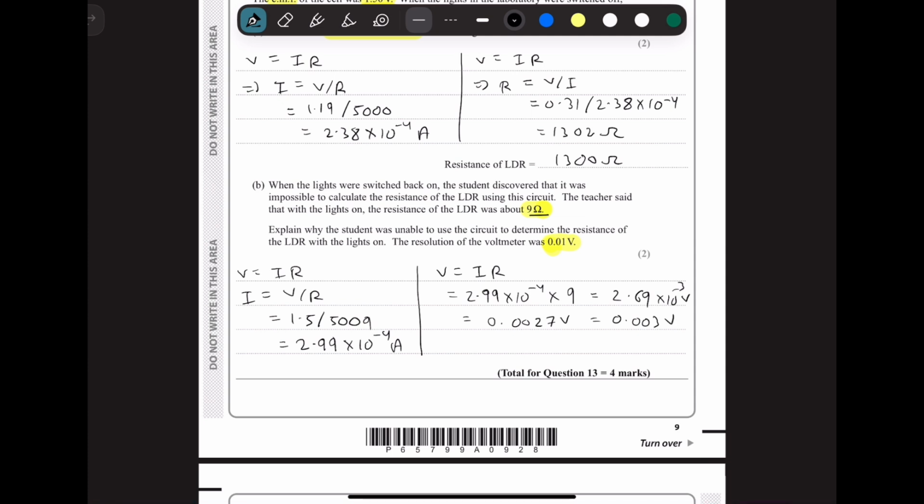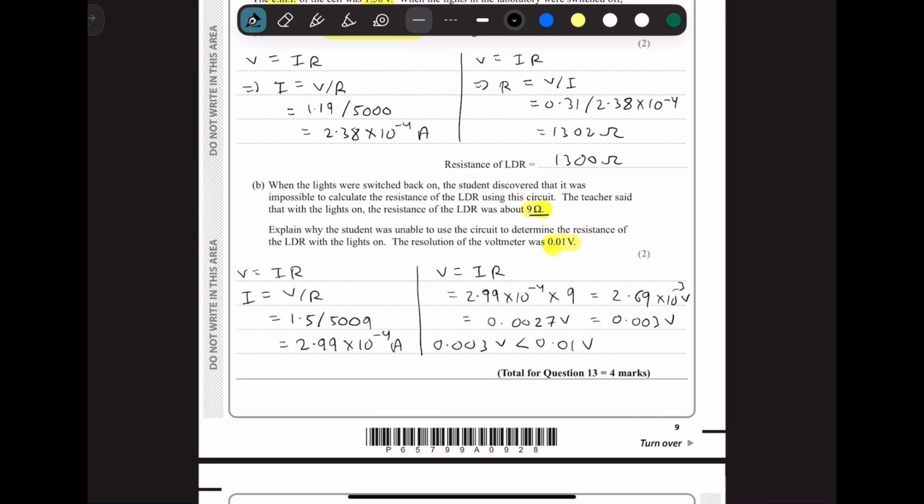So the voltage across the LDR is 0.003 volt and the resolution is only 0.01 volt. So the voltage across the LDR is actually smaller than the smallest division of the voltmeter. Hence, from this specific circuit, you cannot find the value of voltage. 0.003 volt is actually less than 0.01 volt.